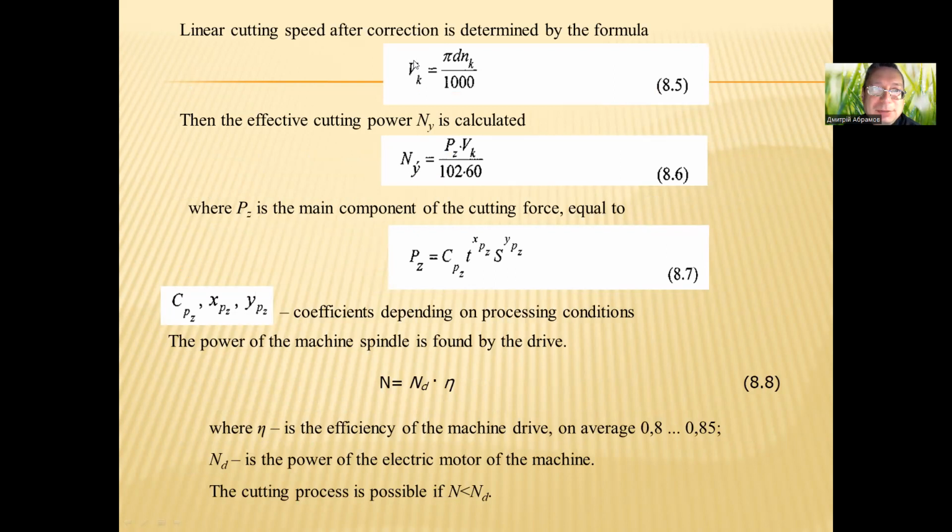Linear cut-in speed after correction is determined by formula 8.5. V cut-in speed is equal to pi d n suffix k divided by 1000.